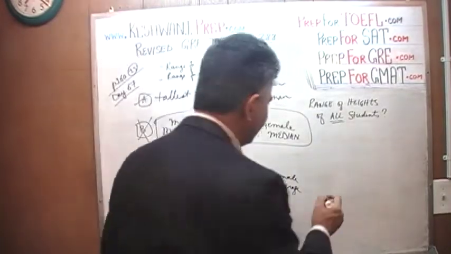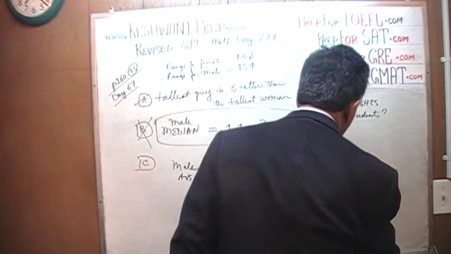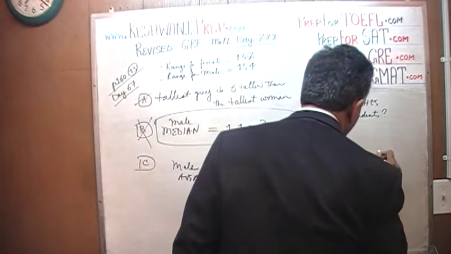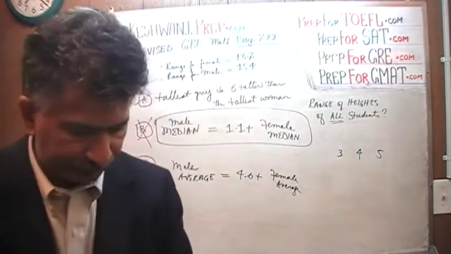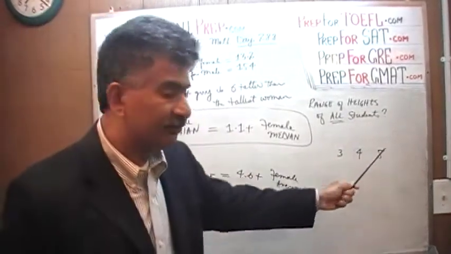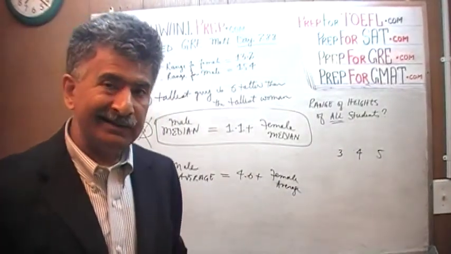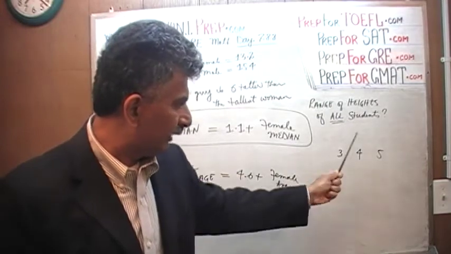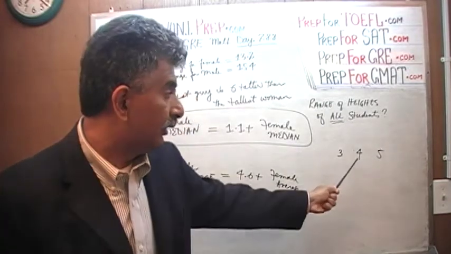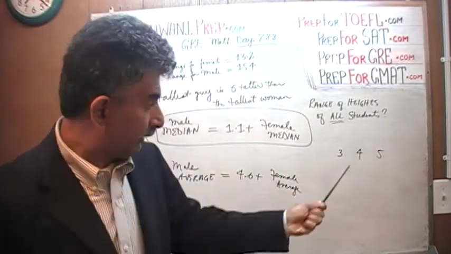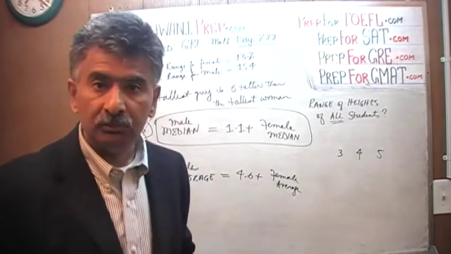One possibility is 3, 4, 5. Since they are evenly spaced, with a difference of 1, their average is going to be the middle number. But in this scenario, the range is 2.